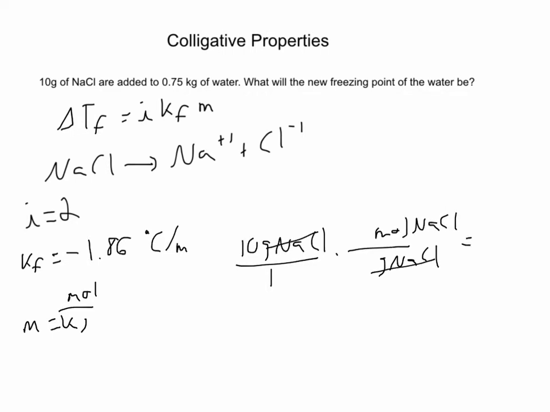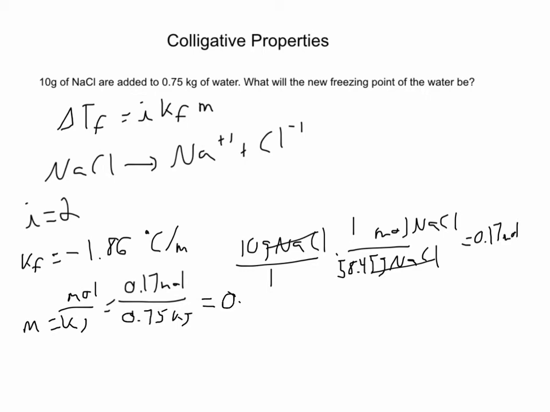Grams cancel, and we get 0.17 moles. So this is going to equal 0.17 moles of solute divided by 0.75 kilograms of solvent equals 0.23 molal. So now that we have all 3 values that we need, we can plug into the equation.